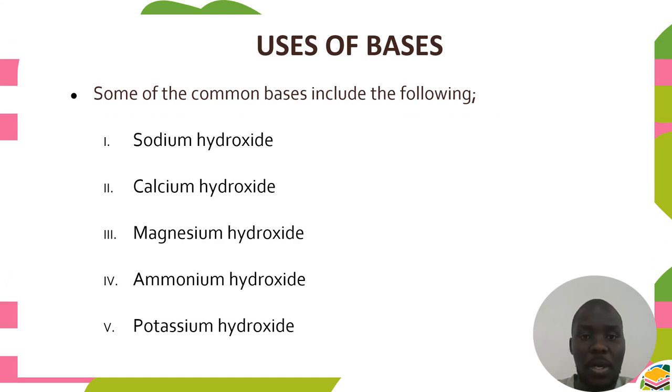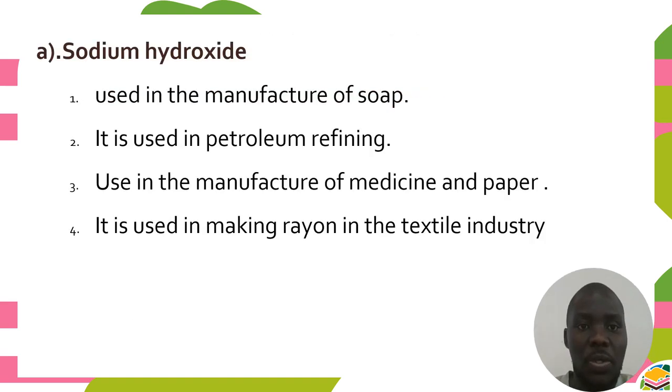We have sodium hydroxide, calcium hydroxide, magnesium hydroxide, ammonium hydroxide, and potassium hydroxide. So in terms of the uses, we are going to work on each example that we have stated in the previous slide. So we are going to start with sodium hydroxide.